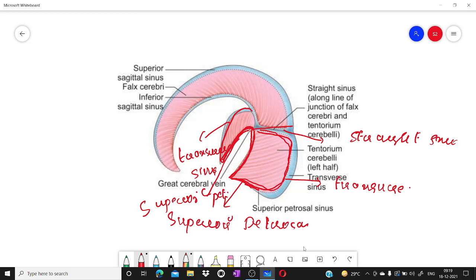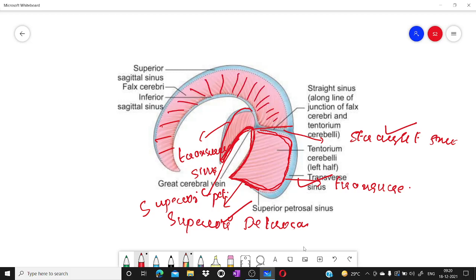So the three sinuses which are related to the tentorium cerebelli are the straight sinus, the transverse sinus, and also the superior petrosal sinus. Now in this picture you can see the falx cerebri also. This is the falx cerebri.